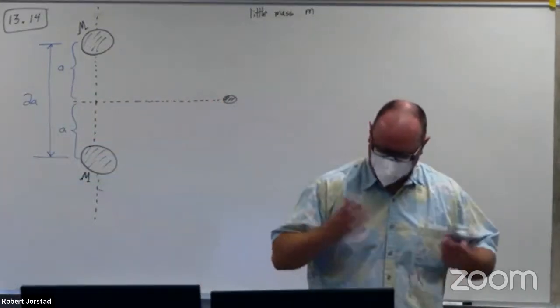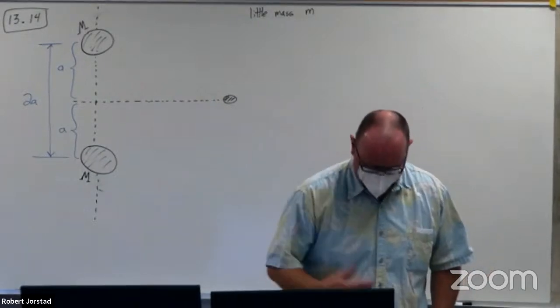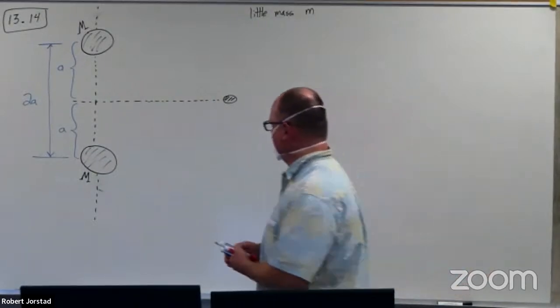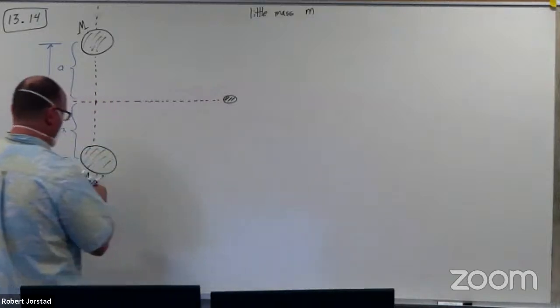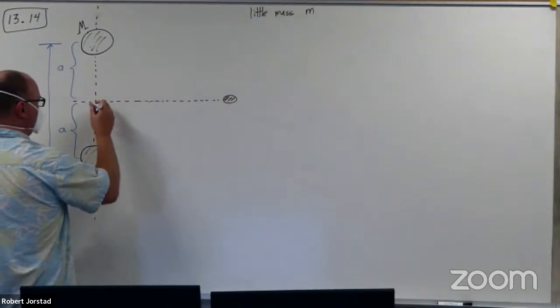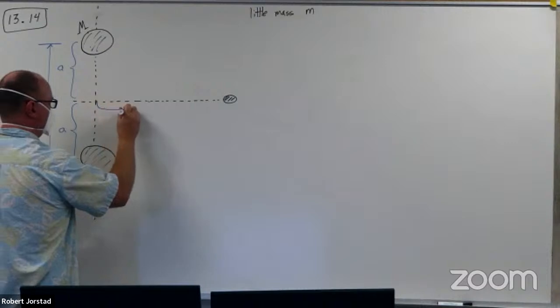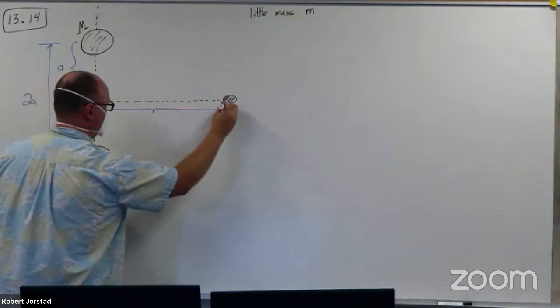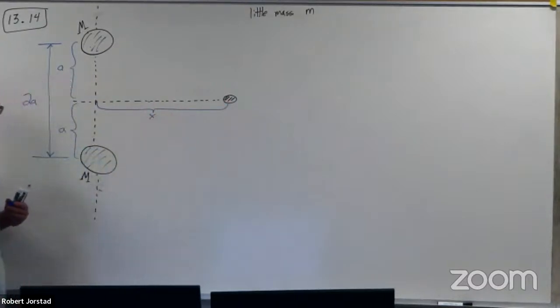Yeah, so you might be saying, what if it's not centered? It does indicate that it's centered. And then we're going to say this distance over here, x. Those are all center to center distances.